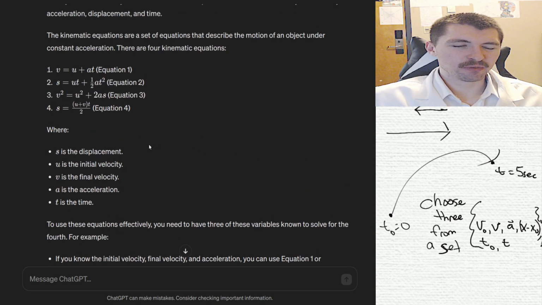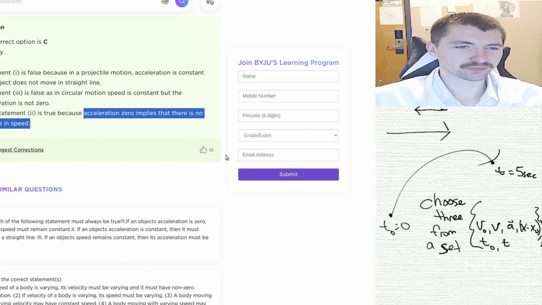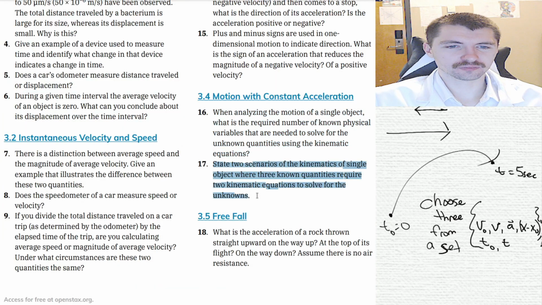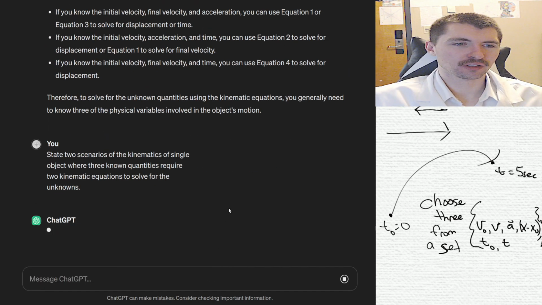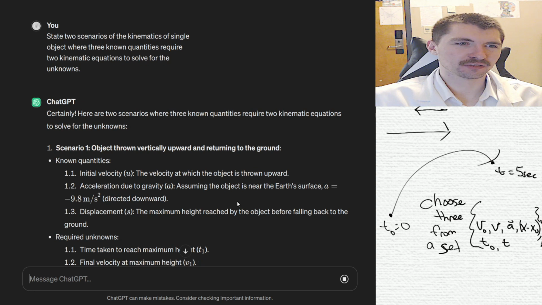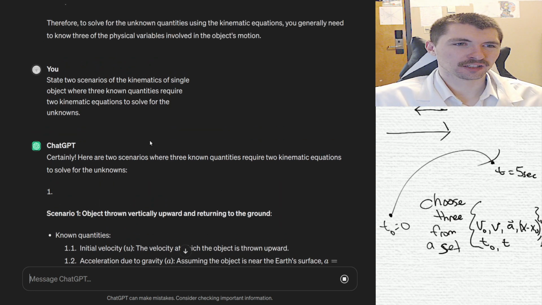So S is displacement. This could also be X. Book seems to go back and forth on conventions. We should just be consistent. States 2 scenarios of the kinematics of a single object.